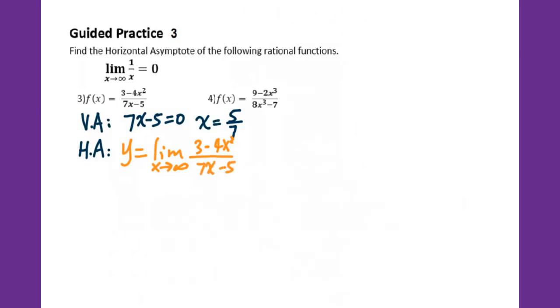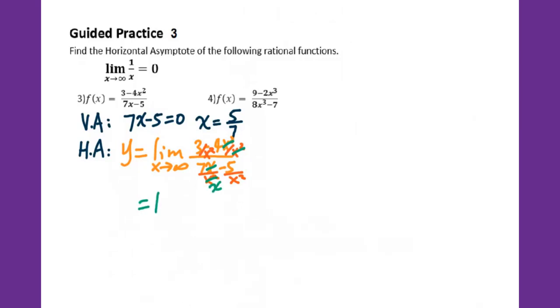The highest exponent is x squared, so we divide every single term by x squared. Then you can simplify.